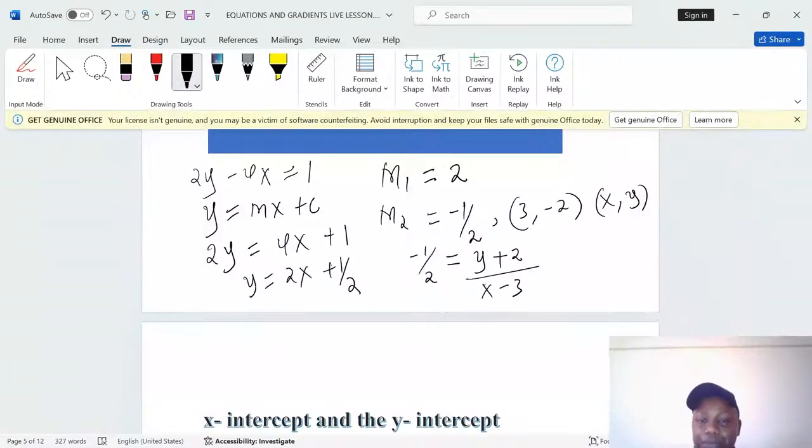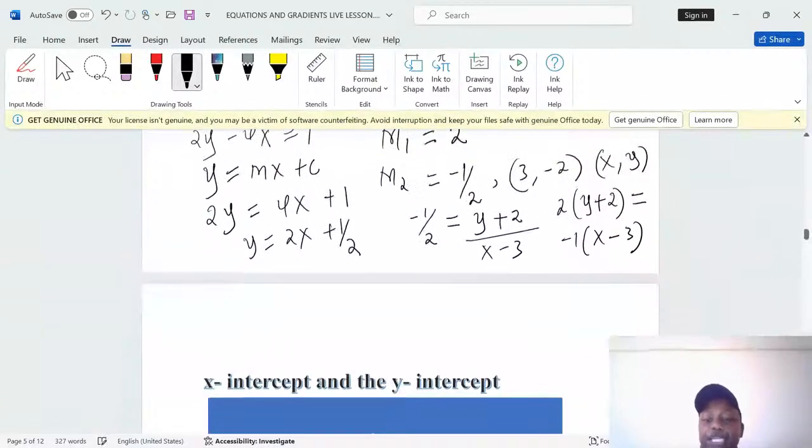Then we cross multiply such that we have 2 multiplying (y + 2) equal to -1 multiplying (x - 3).